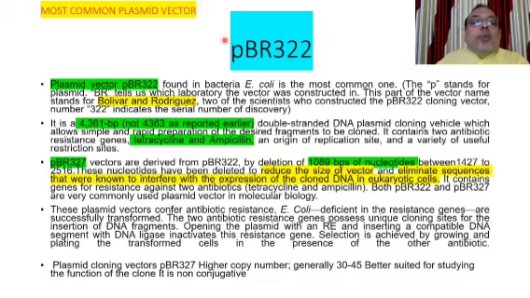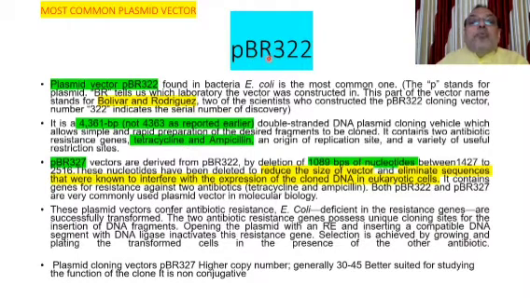The most common plasmid used in recombinant DNA technology is pBR322. In the naming of the plasmid, p stands for plasmid, B for Bolivar, R for Rodriguez, and 322 is the number. So p is plasmid.